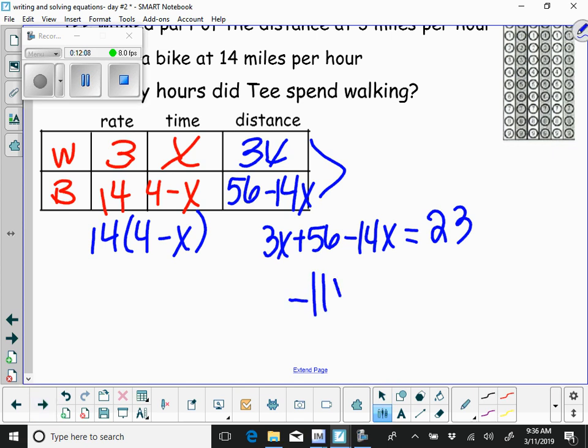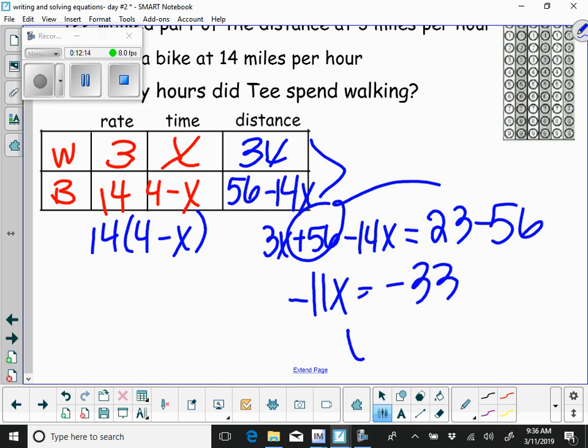So negative 11x, and then you move the 56, right? What's 23 minus 56? Negative 33, so x is 3, but that is your walking time, right? That's what they asked for, so you're good. X is just 3. If they had asked for biking time, it would be 4 minus 3, which would be 1.